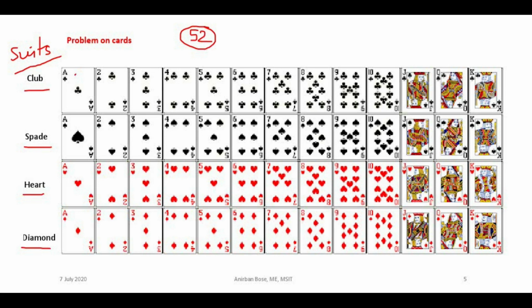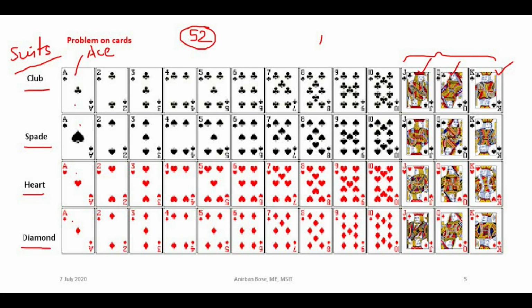Now this particular card written A is called an ace. So how many aces are there? You can see 1, 2, 3, 4. Corresponding to each suit there is 1 ace. Now these cards here, Jack, Queen and King, are called face cards.